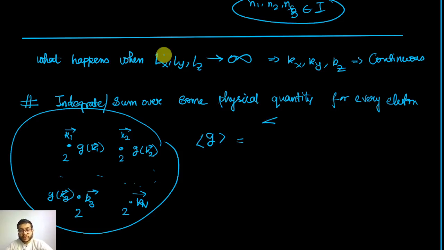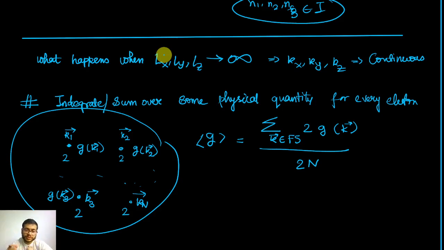So it will be the summation over k points within the Fermi sphere of gk, divided by the total number of electrons. Okay, 2n actually. So this will be the average of g over all of the filled orbitals.